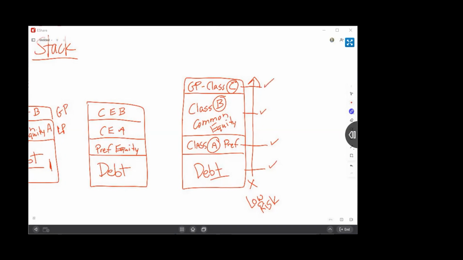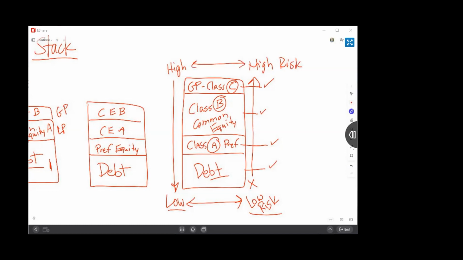And then you also have return. So this is going to be a high return, and then this is going to be a low return. And that's all commensurate. If you look across, it's very similar to what we always talk about, right? A low risk investment is going to provide a lower return, and a higher risk investment up here is going to provide a higher return.